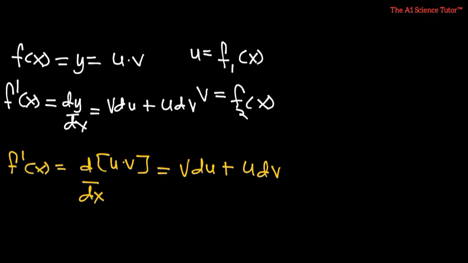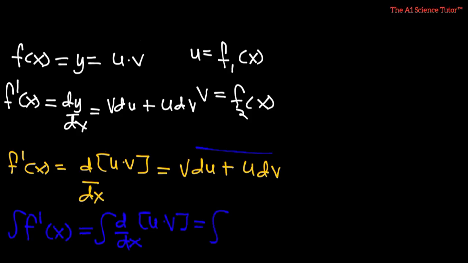Now, if we wanted to take this back to the original form of y, we would need to use the antiderivative, which is integration. So we need to integrate it. That will be integral f prime of x, which is integral d of dx into u multiplied by v, and we need to integrate this whole part. So we integrate this one and come over to this and integrate that also.